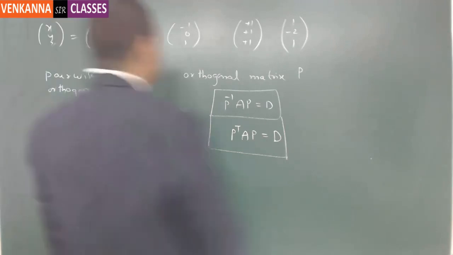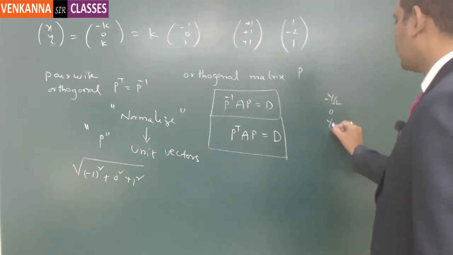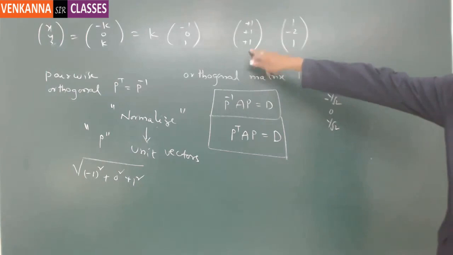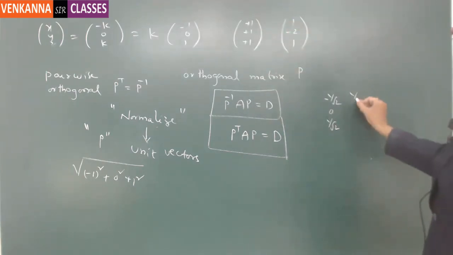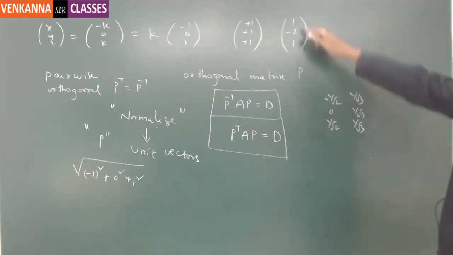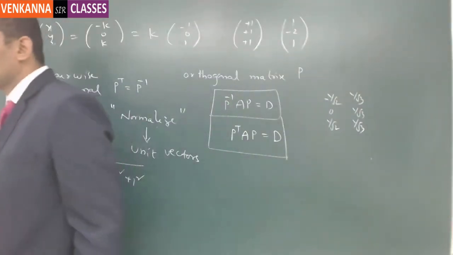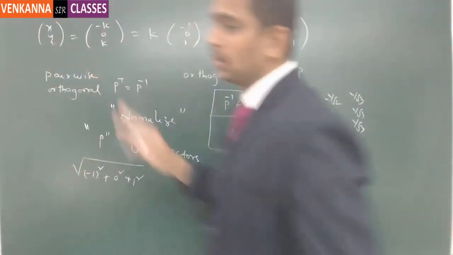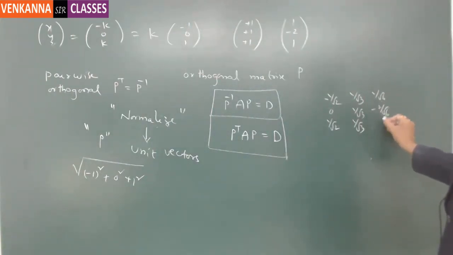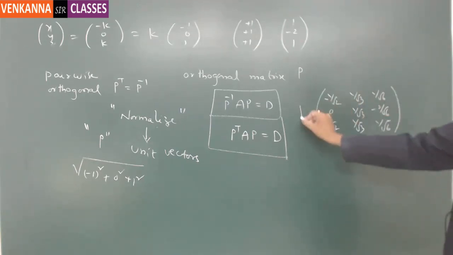So the corresponding vector is minus 1 by root 2, 0 and 1 by root 2. Similarly for this, the magnitude is root 3, so dividing by root 3, it will be 1 by root 3, 1 by root 3 and 1 by root 3. Here, what will be the magnitude? Root 6. Dividing by this, it will be 1 by root 6, minus 2 by root 6, 1 by root 6. This is our matrix P.